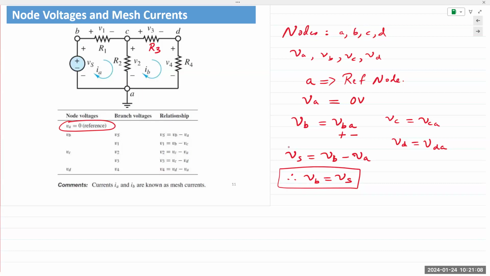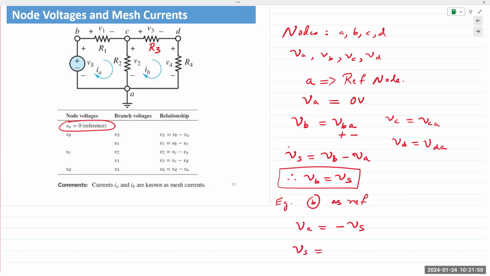If we choose, as an example, B as reference, then VA would be equal to, magnitude would remain the same, but the sign would flip. VA would be equal to VS, but now it would be minus, just because the positive end of VS is connected to B and the negative end is connected to A, meaning A is lower than B. So if B is my reference, B has a value of 0.